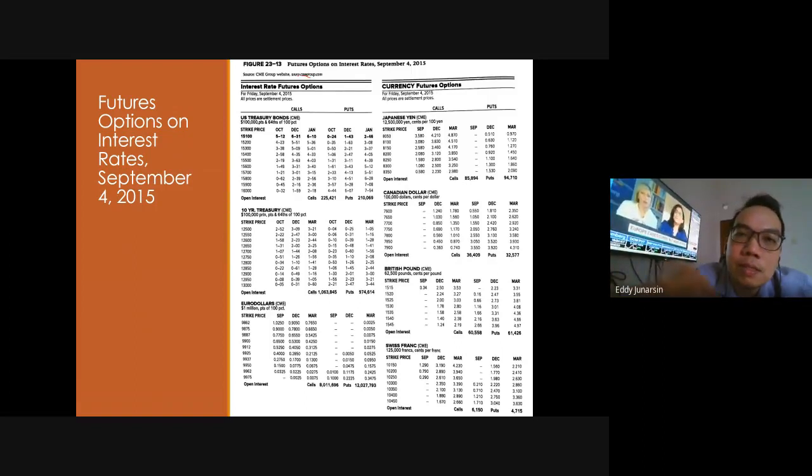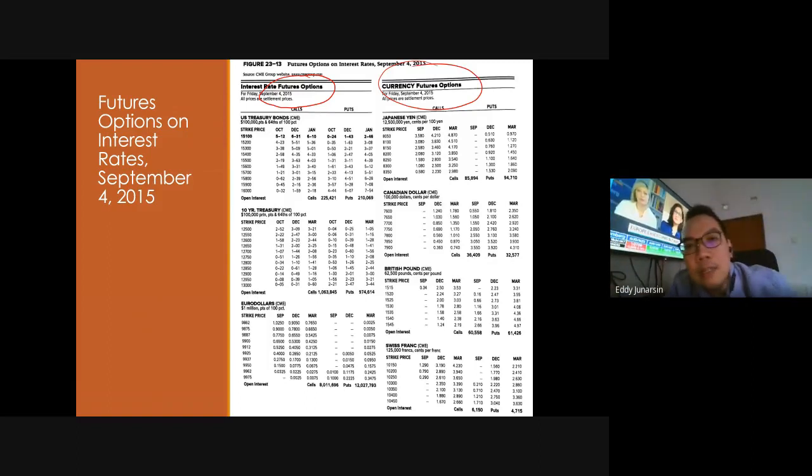And this is even futures options, right? If you notice, futures options are option contracts on futures. So you can imagine the development in financial engineering in the derivative market.